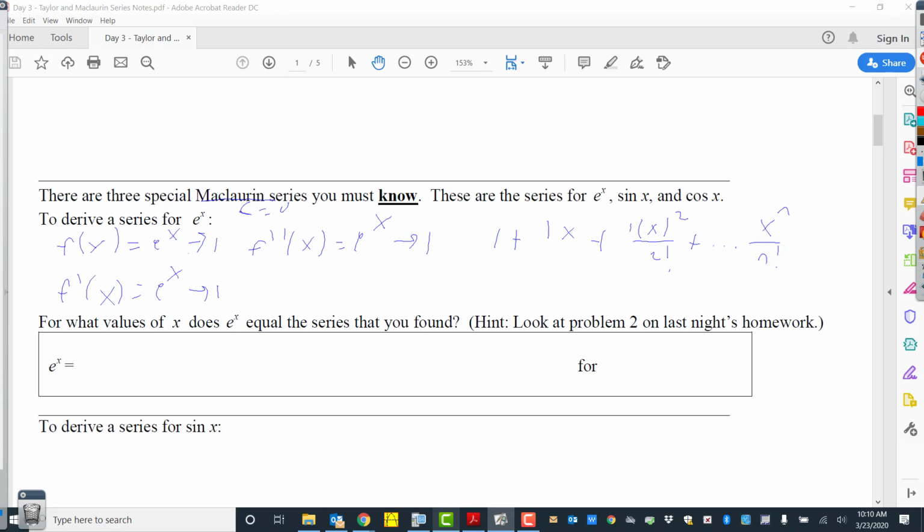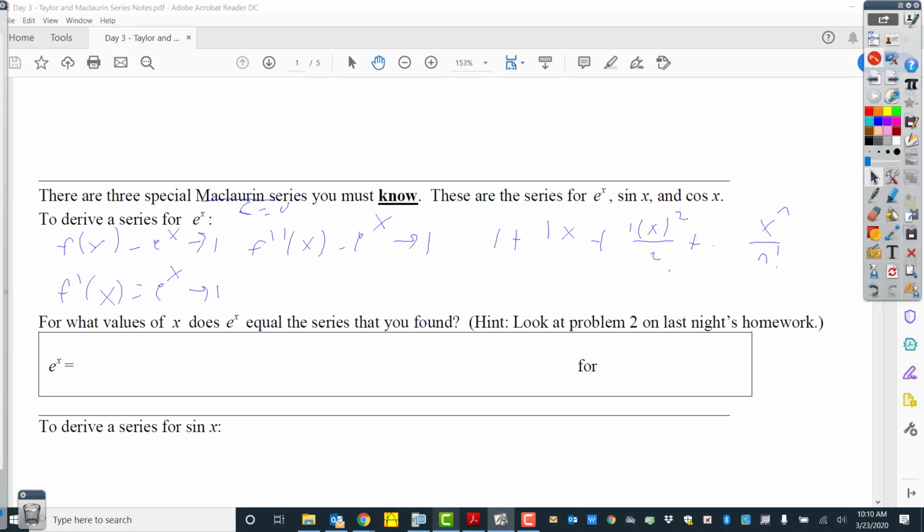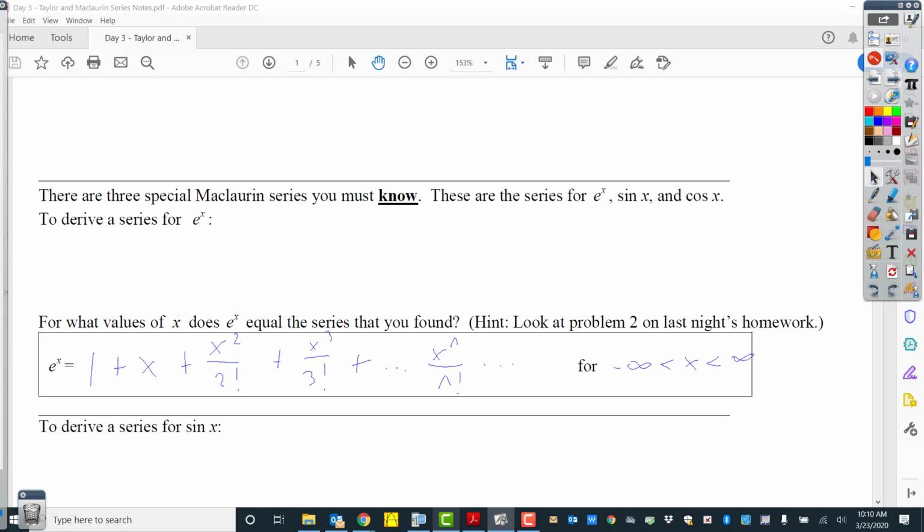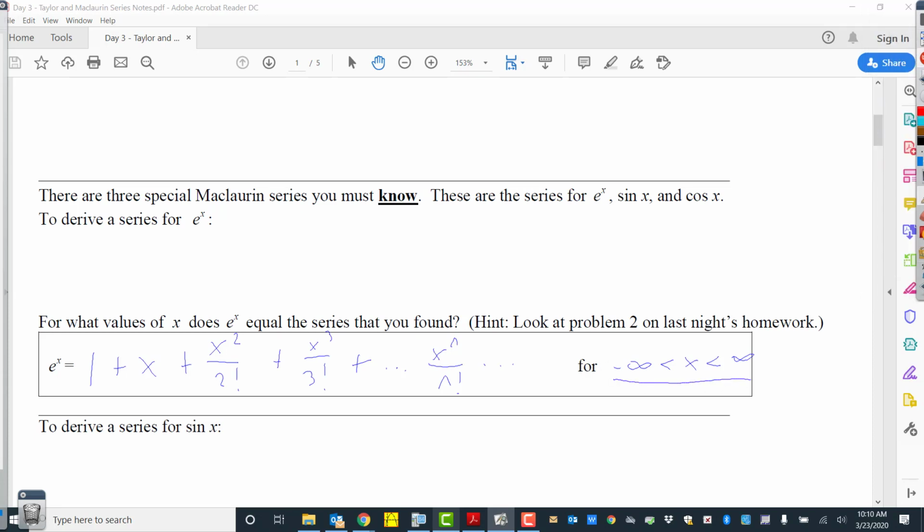All right? Now the other thing we need to talk about is the second part. There it is. And if you did yesterday's homework, you should have been able to see this. Because problem 2 should have been set up so where you can solve for what values of x this equals e to the x. And you see that for all values of x, this will equal e to the x.